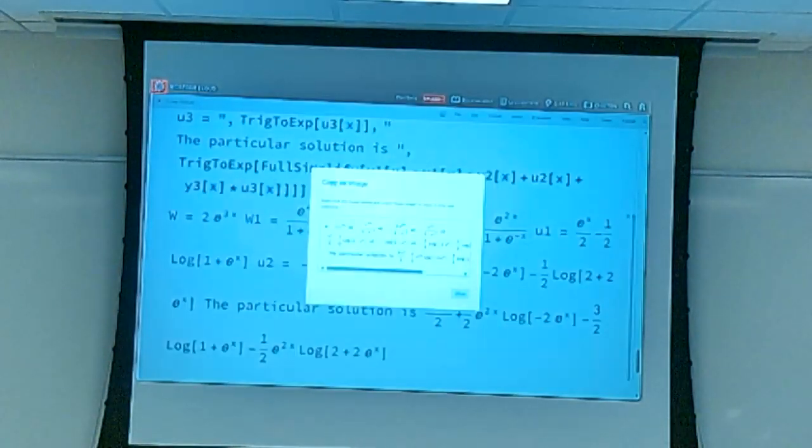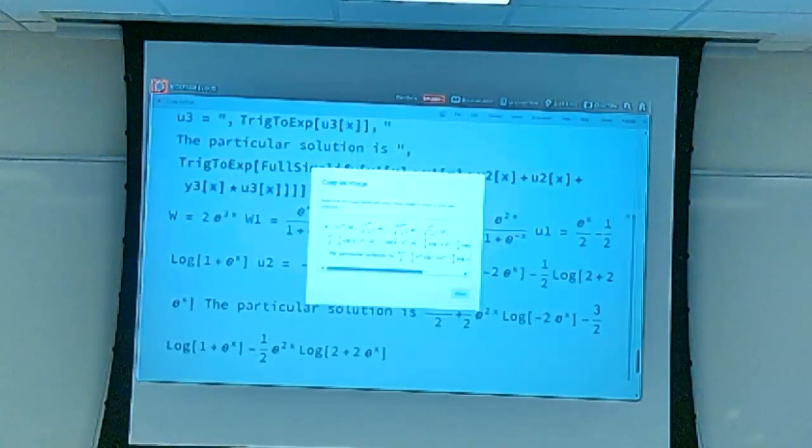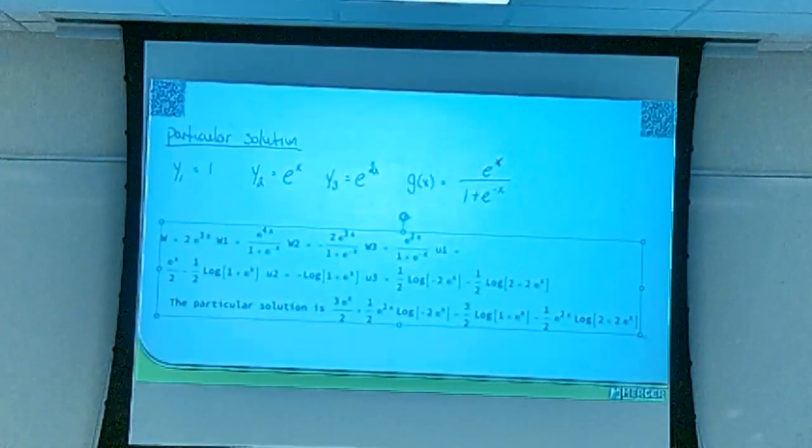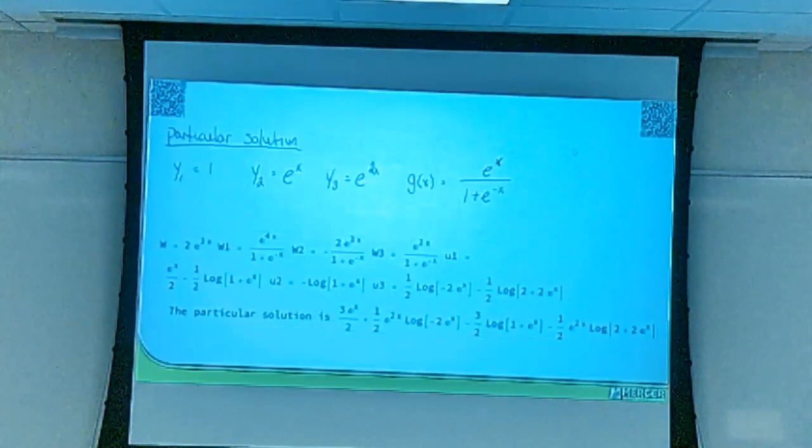There's the particular solution. Oh, you can't see that. Okay, there's the particular solution, along with all the W's and the U's. And then do this.